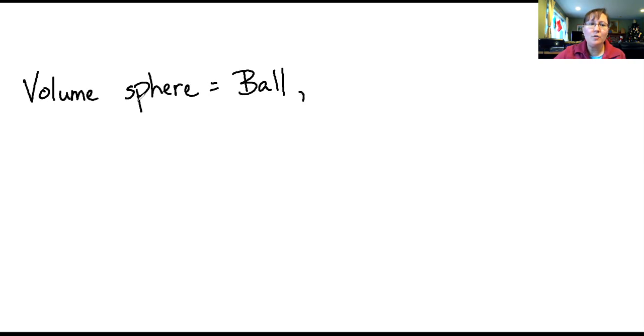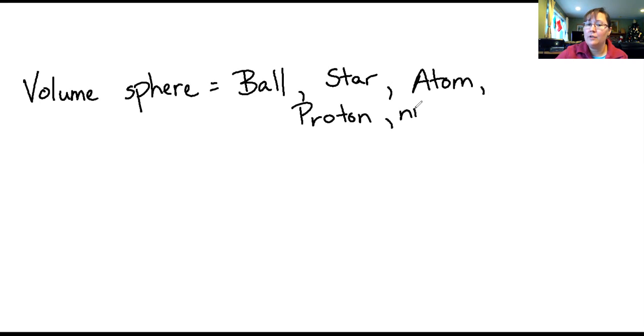But it could also be the volume of a star, because for the most part, we will think about stars as spheres, okay? It might also be the volume of an atom, okay? It might be the volume of a proton or the volume of a neutron or the volume of an electron.